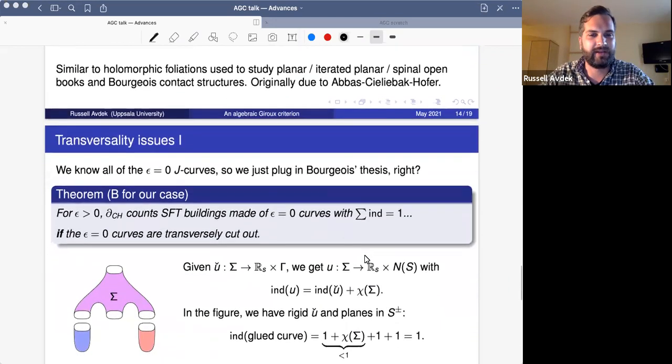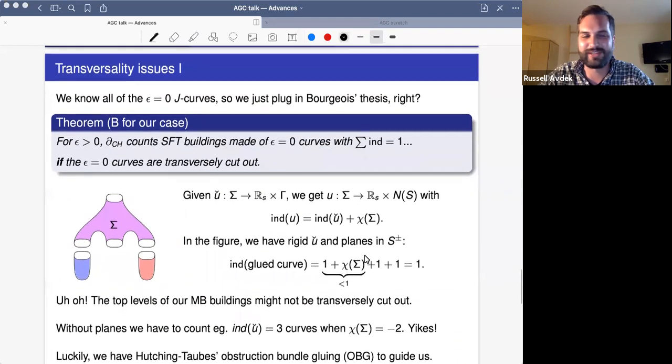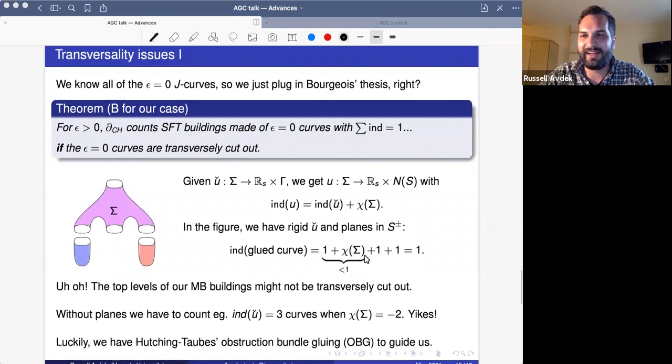Okay, so now we'll get into talking more about some of these transversely cut out things. Everything is great for epsilon equal to 0. We know what all the holomorphic curves look like. They're either stuck in the leaves of this foliation, or they're exactly in the symplectization of the dividing set. So we can just plug in Bourgeois' PhD thesis, and then we're done, right?